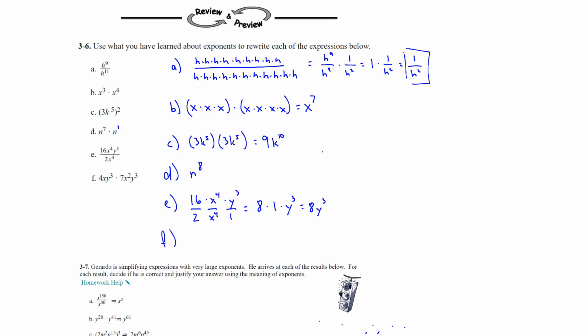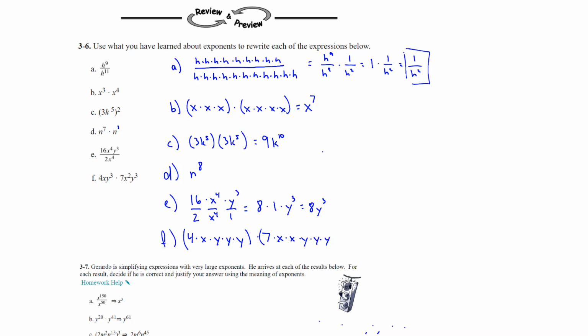And then the last one we have is F. We have 4 times x, and once again, I'll expand this one out, times y to the 3rd times 7x squared, so x times x, and then y to the 3rd.